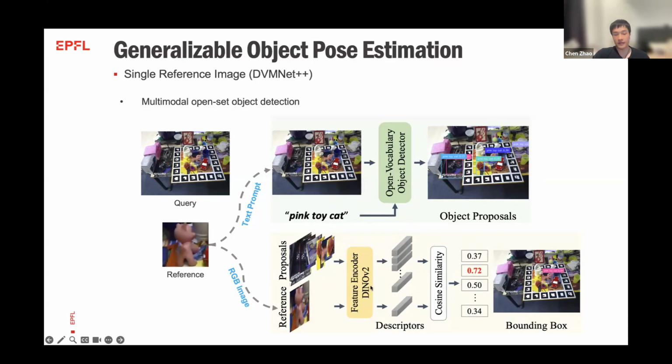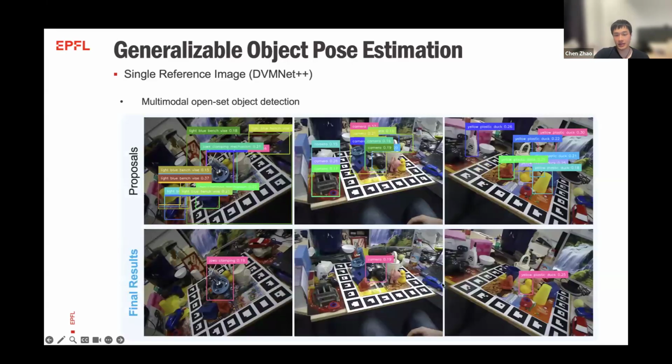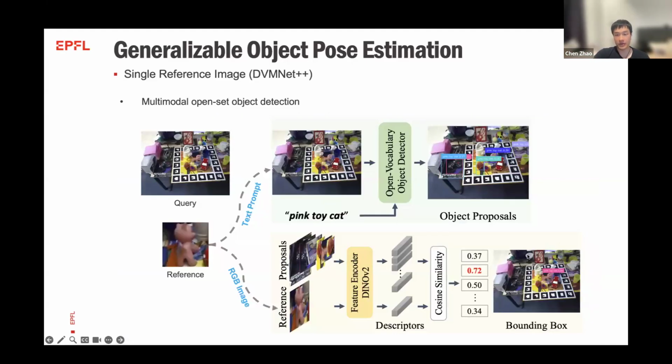And after that, for each image, we have a vector, which is actually a global descriptor of this image. And the following part is quite simple. We just compute the cosine similarity between two global descriptors, and after that we can just find the bounding box with the highest score as the one we expect.